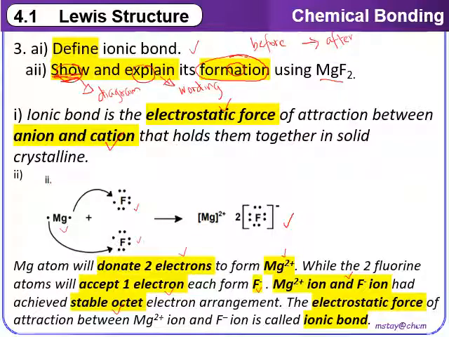The purpose is to achieve a stable octet electron arrangement. Now both of them are positively and negatively charged, a cation and an anion, so the electrostatic force between them is known as the ionic bond.